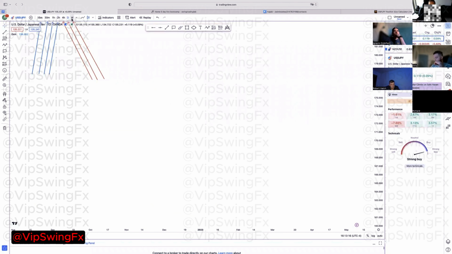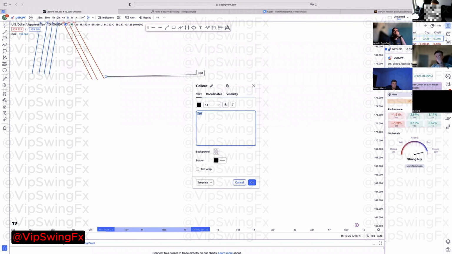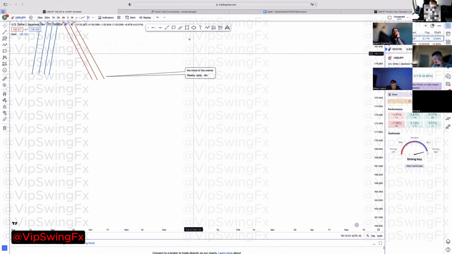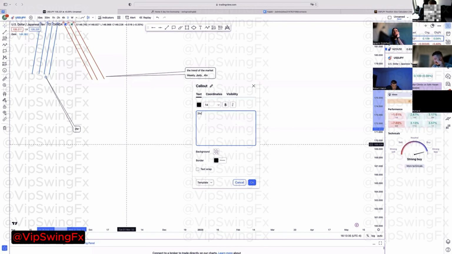I use the weekly, daily, and 4-hour to understand the trend of the market. And then I use the 2-hour, 1-hour, 30-minute, 15-minute, and 5-minute for entries.